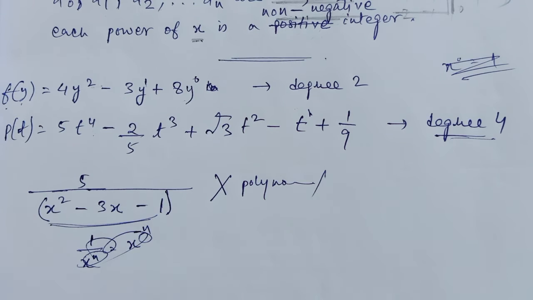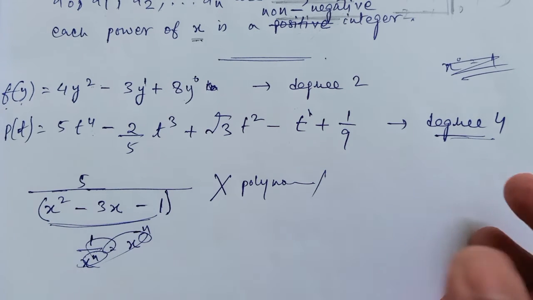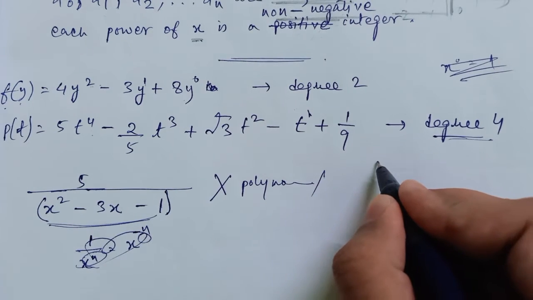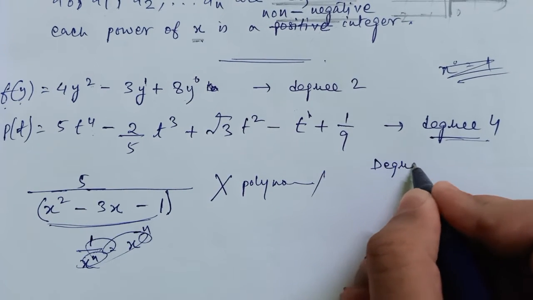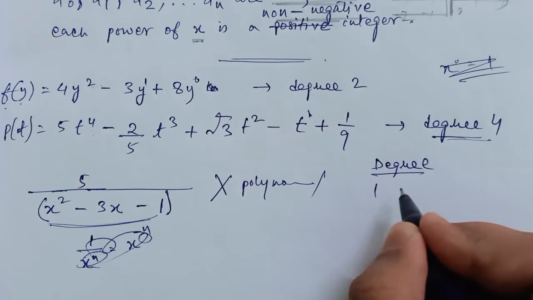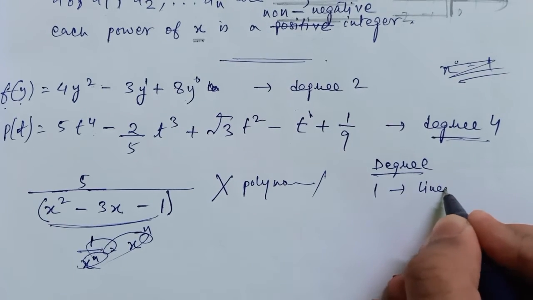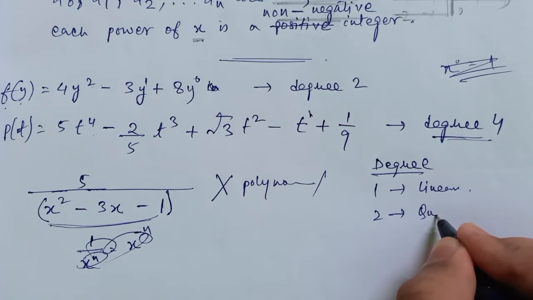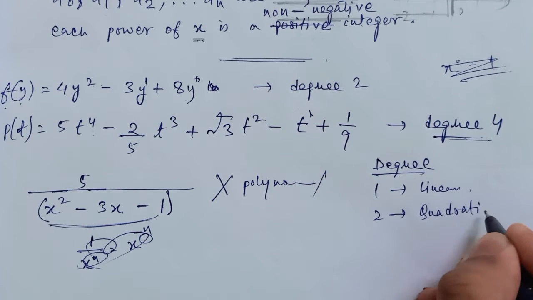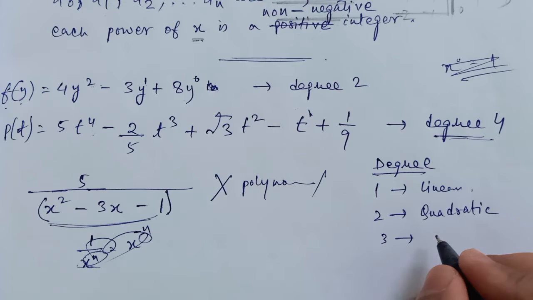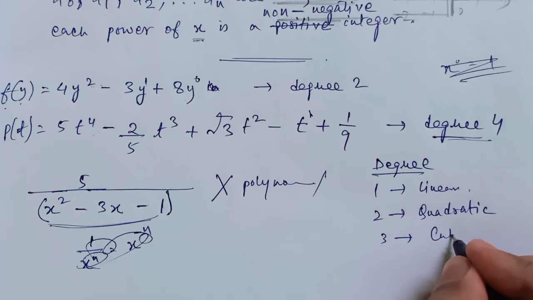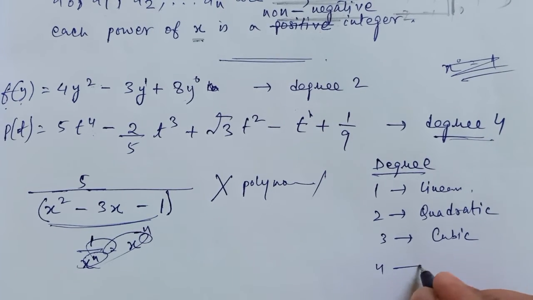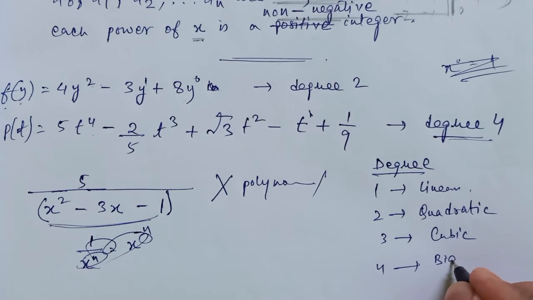Okay, so I hope this concept of polynomials and degree is clear. Just for information, I'll tell you that if you have degree 1, it is called a linear polynomial. If you have degree 2, that kind of polynomial is called quadratic. In case of degree 3, it's cubic, and in case of degree 4, it's biquadratic.